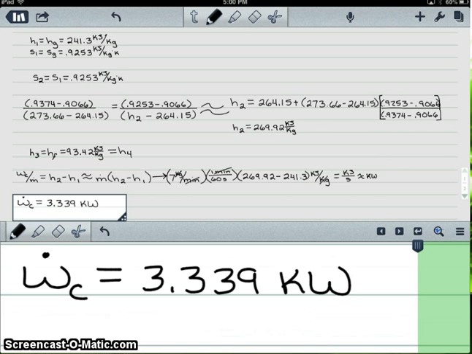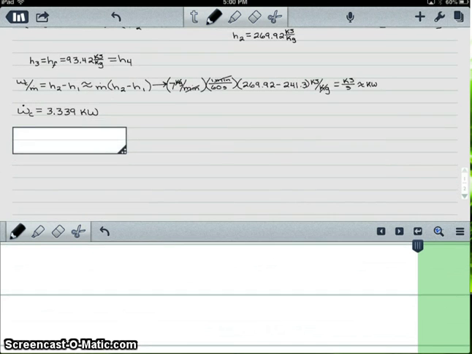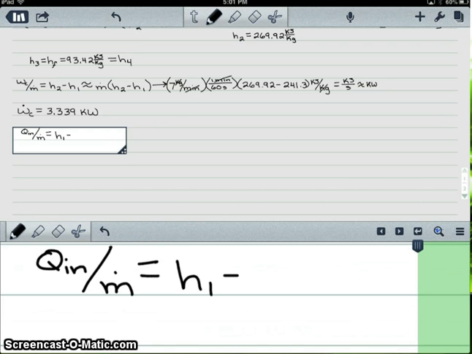Okay, next is the refrigeration capacity, or Q in. This can be solved for by equation 10.3. I'm not going to write out the mathematical steps again as I did above, because they're the same.